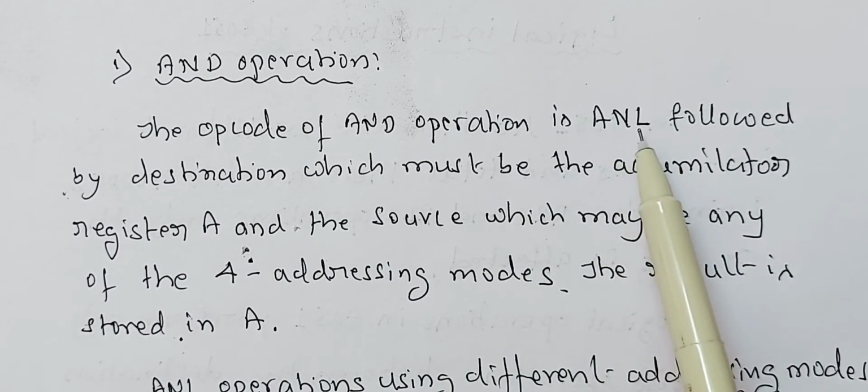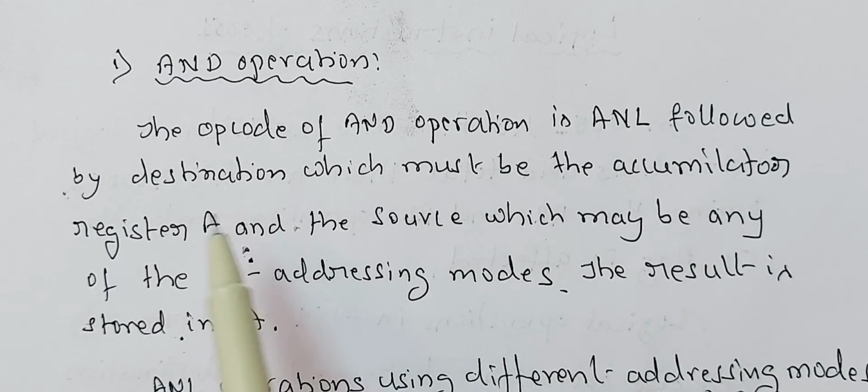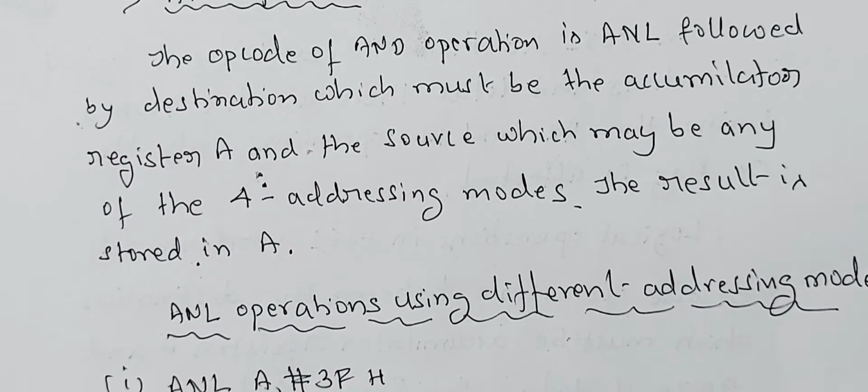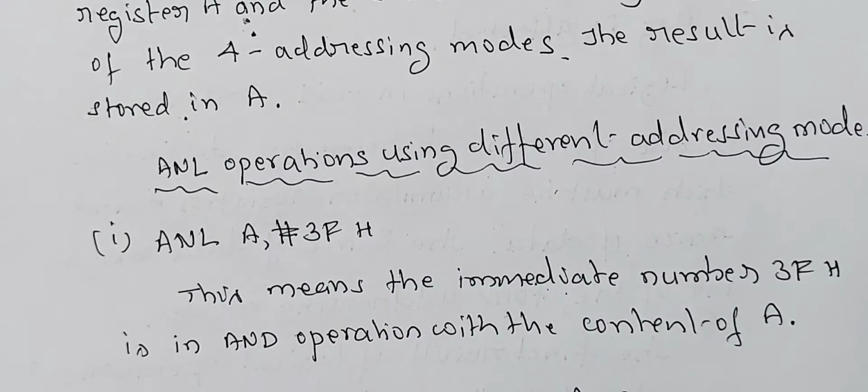This AND logic instruction is followed by the destination, which must always be the accumulator A only, and the source, which may be any one of the four addressing modes, such as immediate addressing mode, register addressing mode, indirect addressing mode, direct addressing mode. Now we will discuss this AND operation with examples.